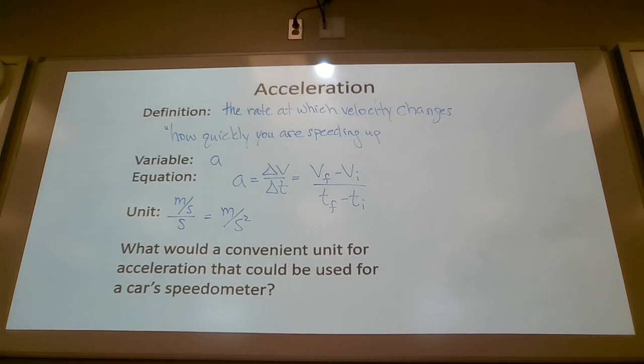Does that make sense? Do you see what that communicates? Now, I'm never going to use miles an hour per second. That's just crazy. But it gives us good conceptual understanding of what that is. Okay. Good there?